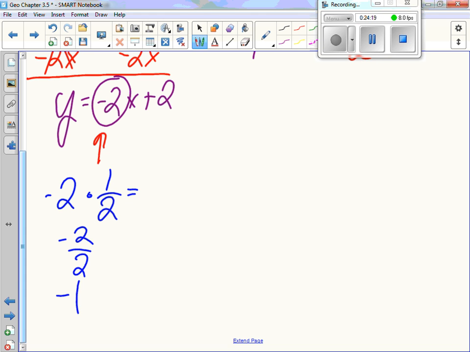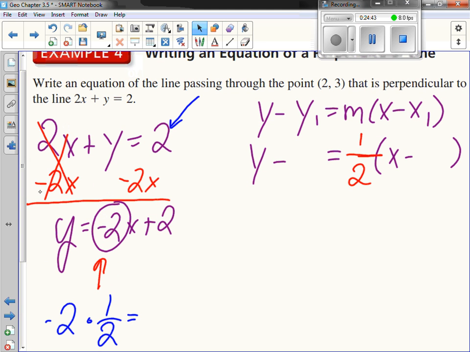And as we saw a little bit earlier, if two lines are perpendicular, the product of their slopes is negative 1. So that's a way we can check it. We don't have to do it, but if you want to make sure, you can multiply the slopes together. So any questions on how we got the slope? We good with this here?